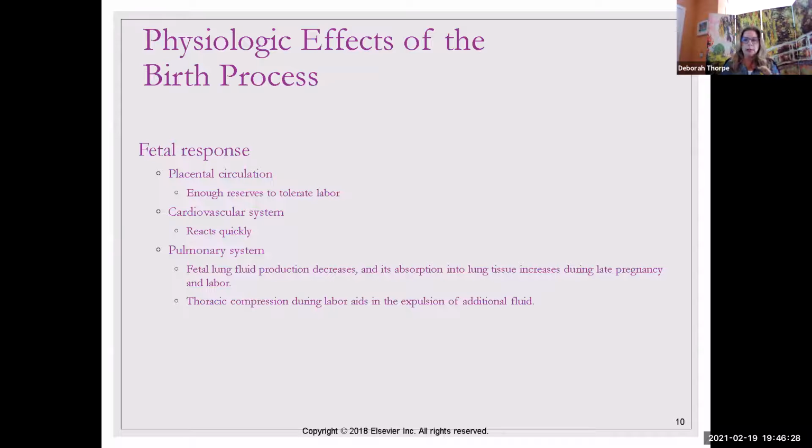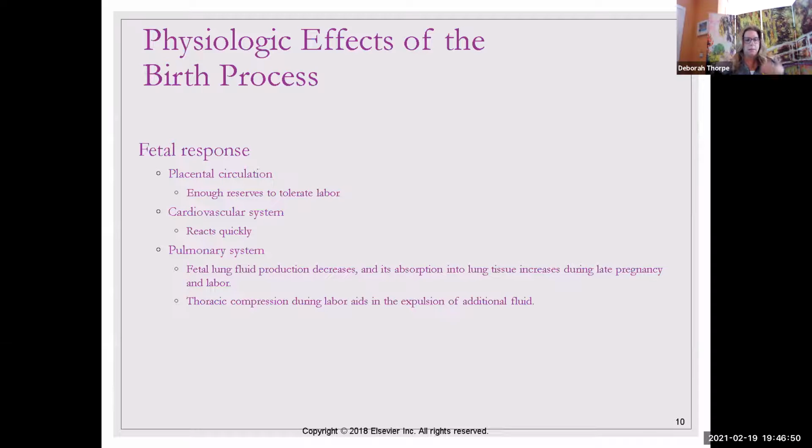As far as the pulmonary system on the babies, they're fluid filled while they're inside. In this fluid, they actually do breathing inside. Those muscles and the diaphragm, everything's practicing for breathing in the little ones.